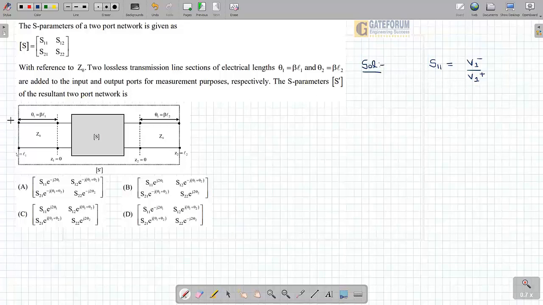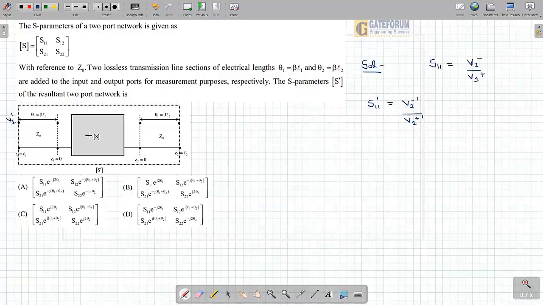Let's say the voltage coming here is V1 dash. So V1 dash will have two voltages, V1 dash negative and V1 dash positive. So I can write S11 dash is V1 minus dash upon V1 plus dash.